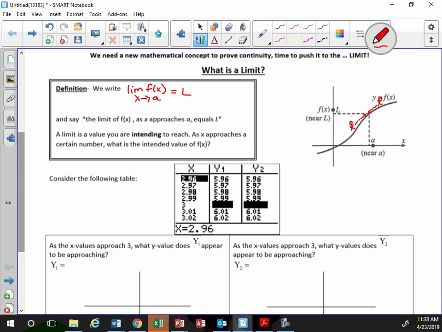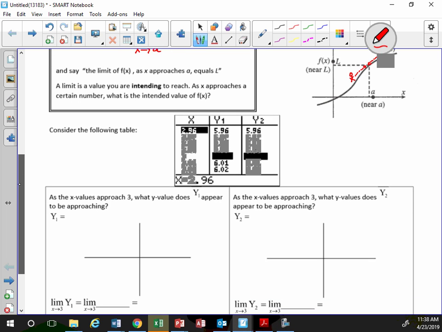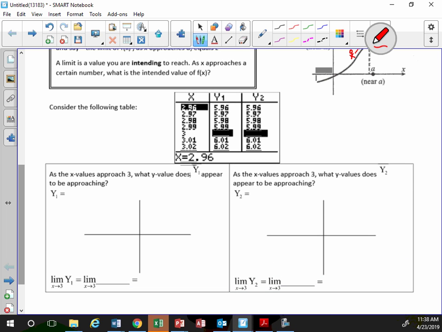Okay, so if we have this table here, and we really only need to look at y1 for right now. If I wanted to know the limit from this table as x approaches 3. Okay. So here's my x value of 3.